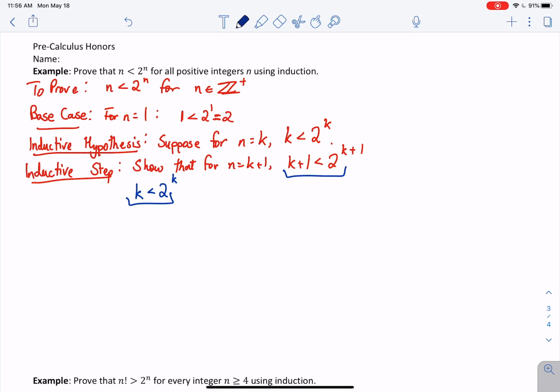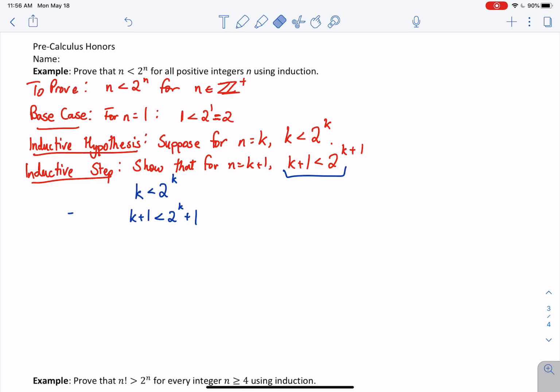So I could add 1. I could do something like this, but I'd have to do it on this side as well. Or I'd have to do something on the right side. We don't know which one right now. Let's go with this first one. So if I add 1 to both sides, I'm making the left side look the same. But then to compensate on the right side, I need to add a plus 1 as well. So now the left side looks the same, but the right side doesn't.